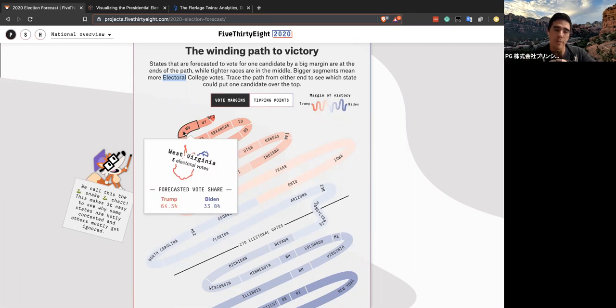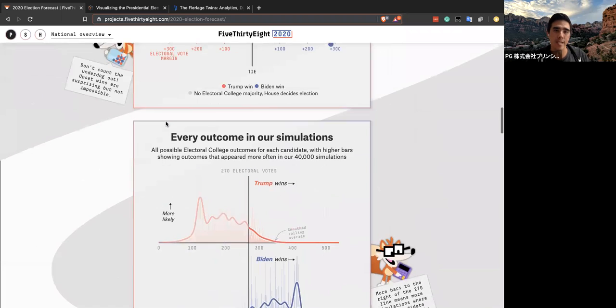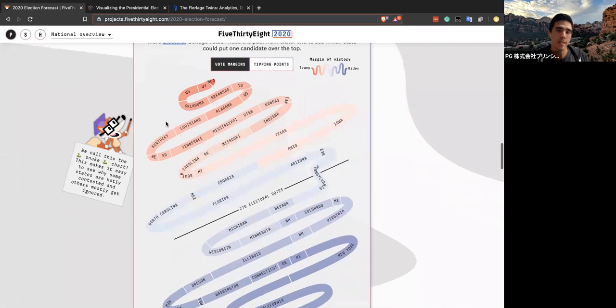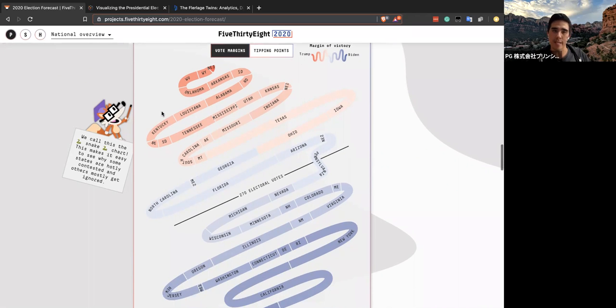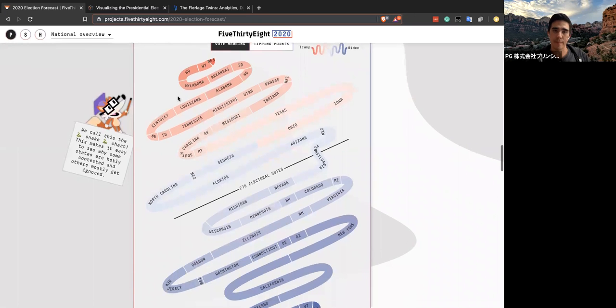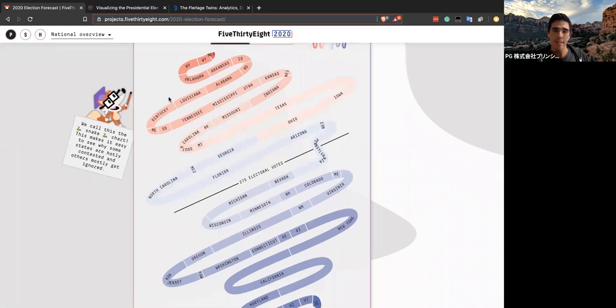Actually, your vote goes towards a state vote, and then your state has a certain number of votes that it can then use towards Trump or Biden. It's kind of confusing, but the whole idea was that because there are much higher populations in some states, it would give an unfair advantage to some states or some parts of the state, some cities, right? And this was a way to balance it out.